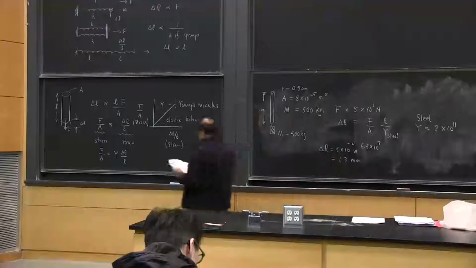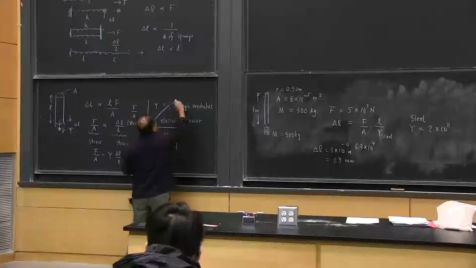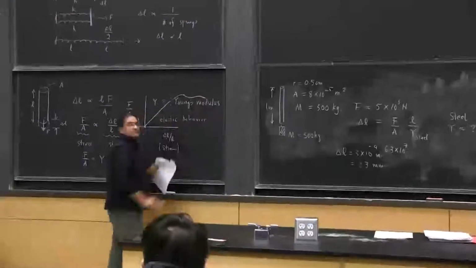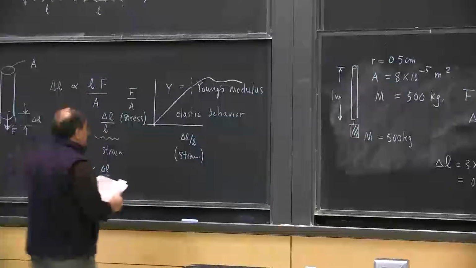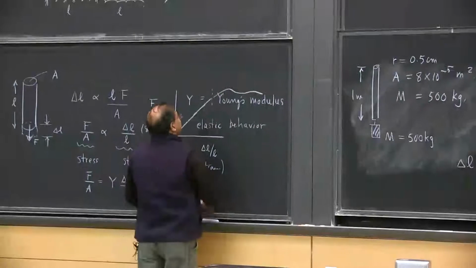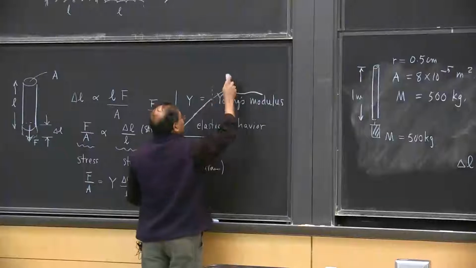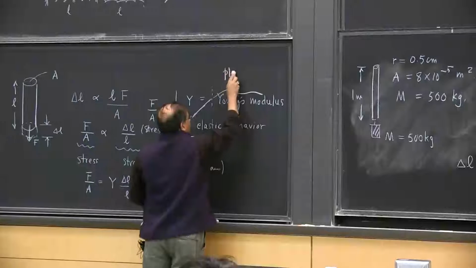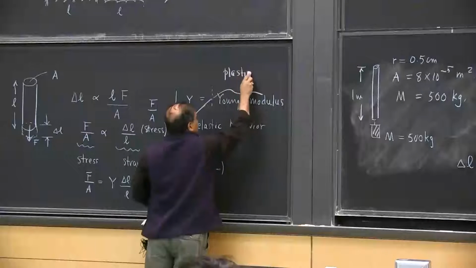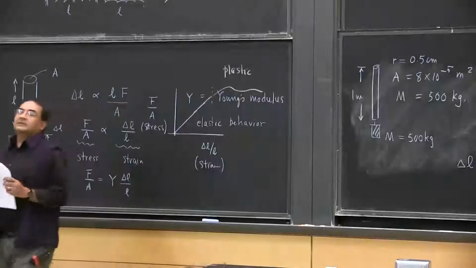This behavior becomes something like that. It completely breaks down. Your elastic material has now become liquid-like. This would be the behavior if it were a liquid, roughly. And this regime, believe it or not, has a name. It's called the plastic regime.